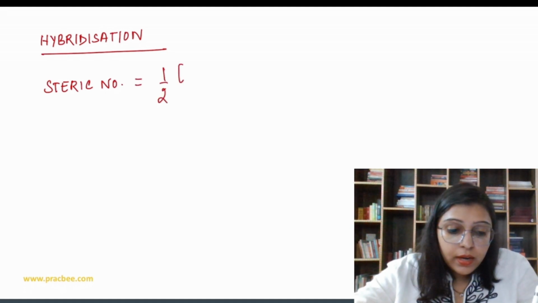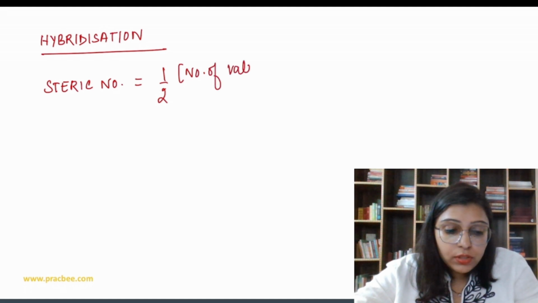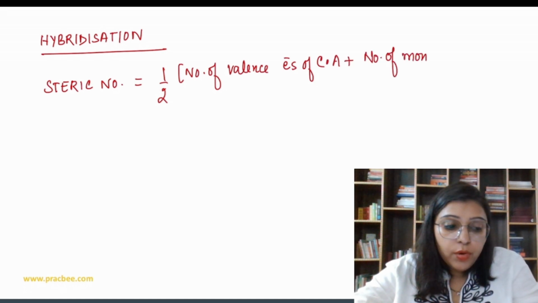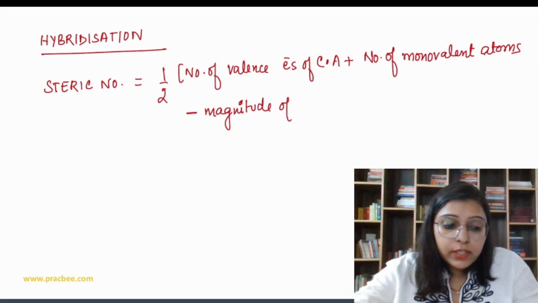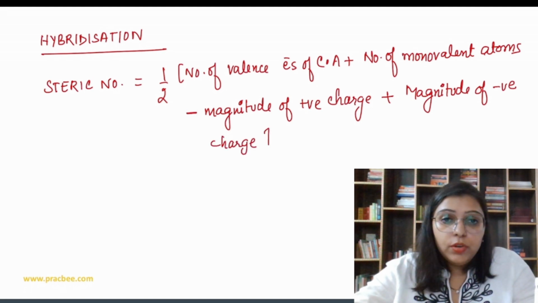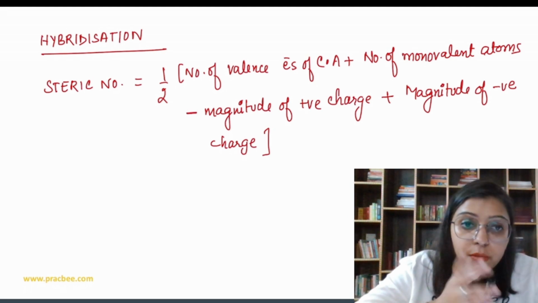Half of the number of valence electrons of the central atom plus the number of monovalent atoms, minus the magnitude of positive charge, plus the magnitude of negative charge. So this is the formula to calculate the steric number.